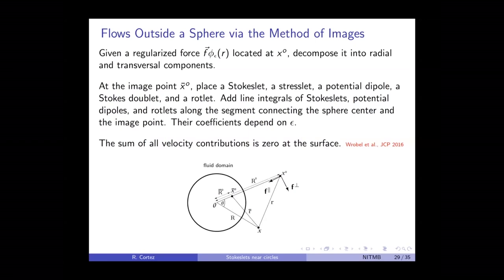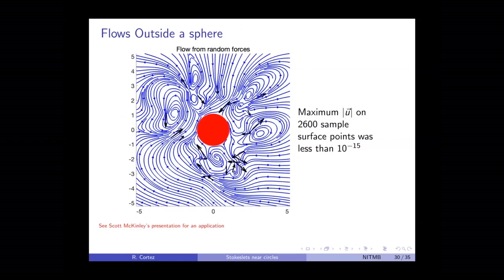So for example, if I have a bunch of random forces pushing the fluid around a spherical particle, then each one of these forces has image points inside the sphere, and the combination of all the forces and the images gives us zero velocity of the sphere. So this was something that we came up with.